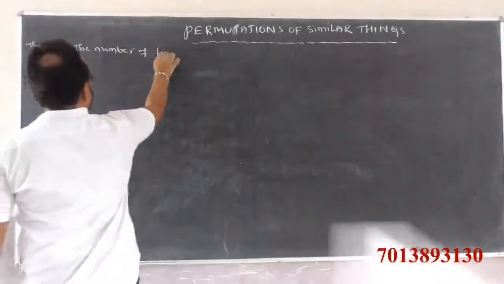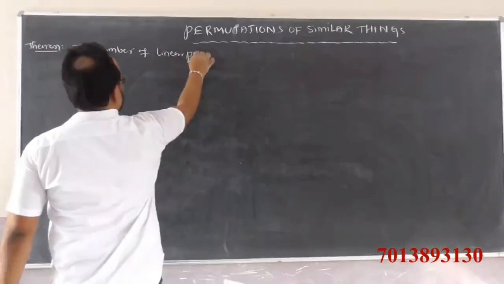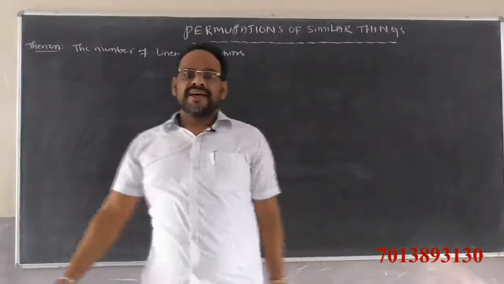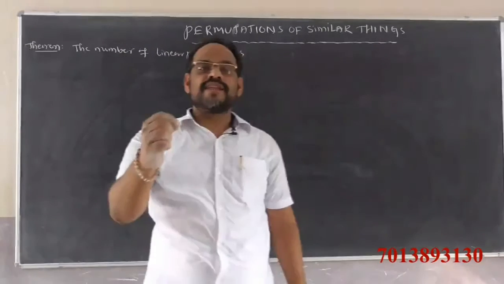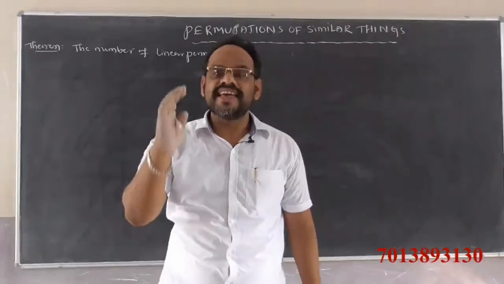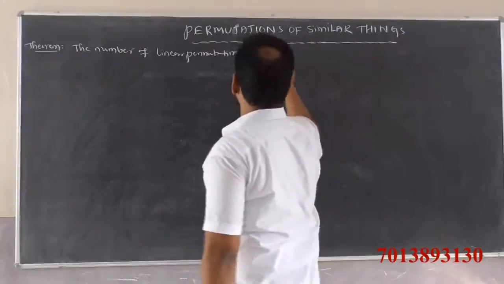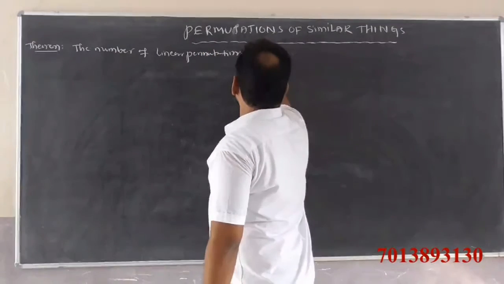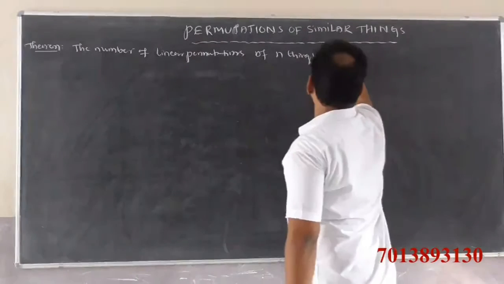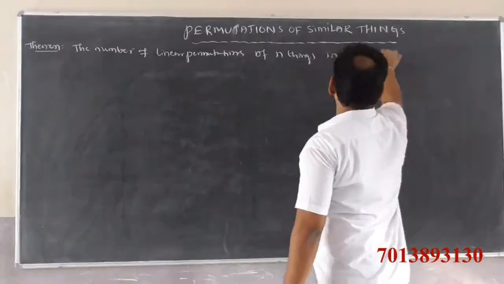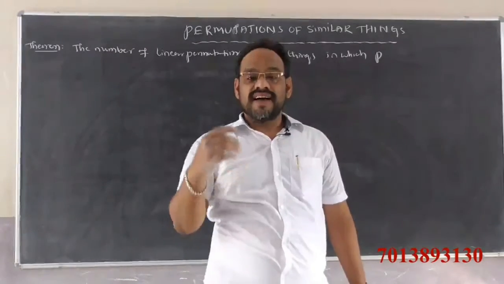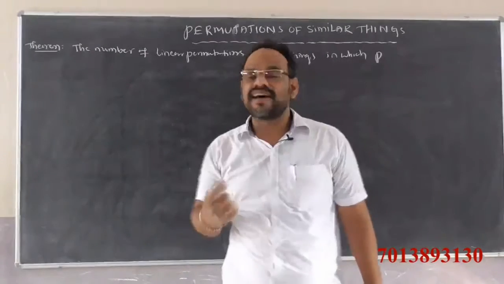The number of linear permutations of n things in which p are alike.